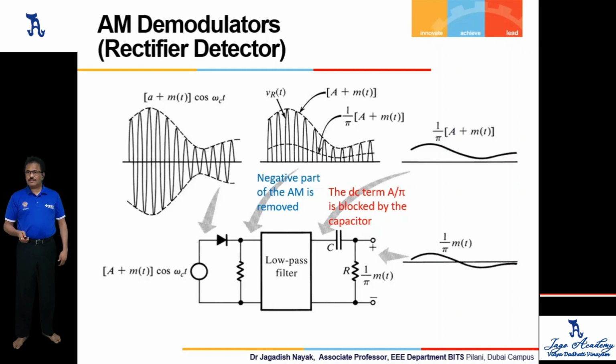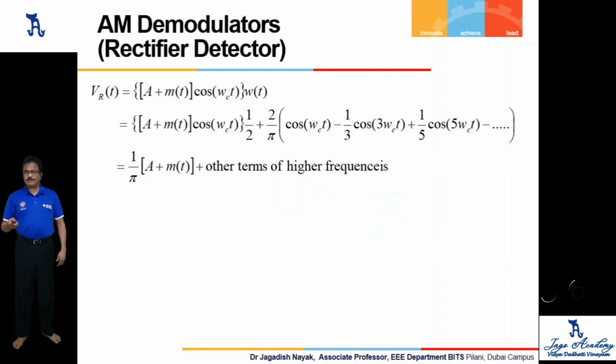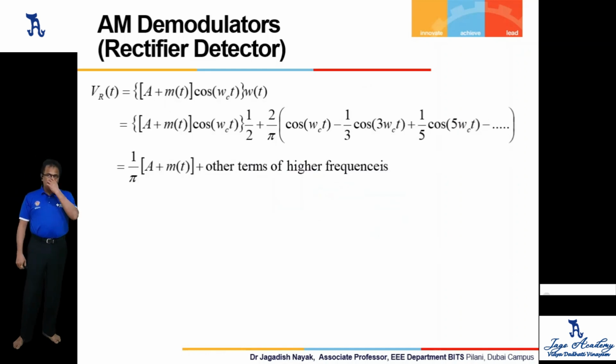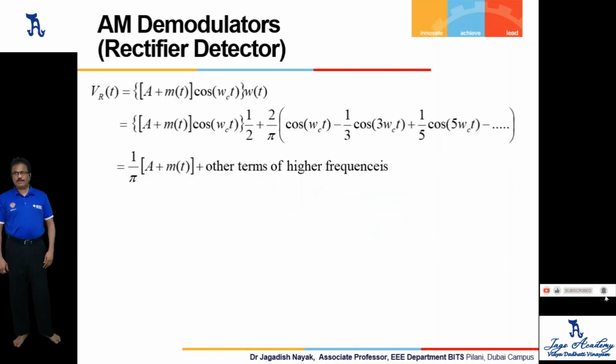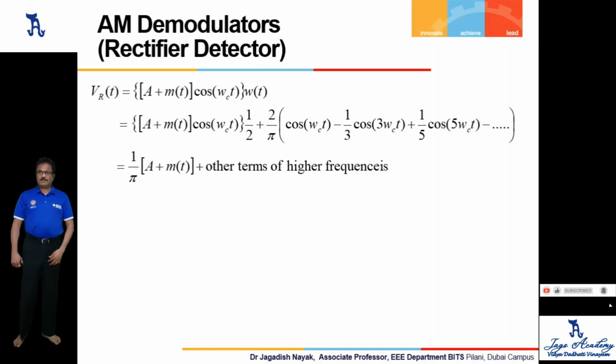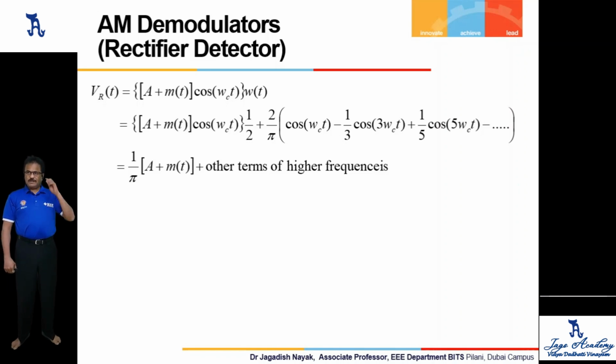Now you can see here, A plus m(t) cos omega_c t into w(t). You know, w(t) is actually the diode switching action. Diode is going to generate a square wave, right? Now see here, w(t) is actually a Fourier series representation of the pulse train.